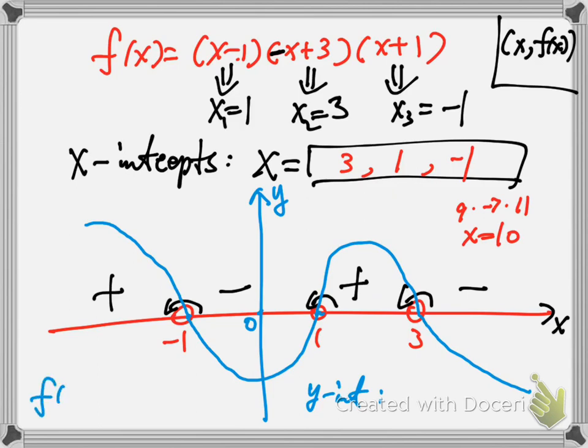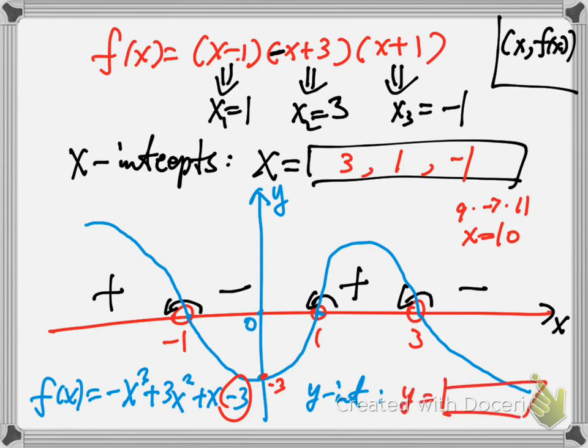So let's rewrite f. F is -x cubed plus 3x squared plus x minus 3. So what is this y-intercept? This y-intercept is the last number here. So this is -3. So y-intercept, y is equal to an answer box.